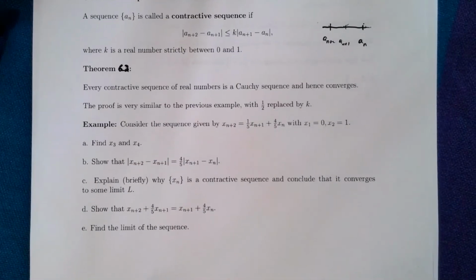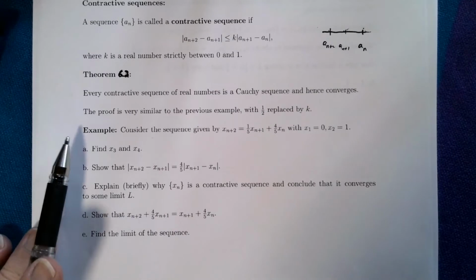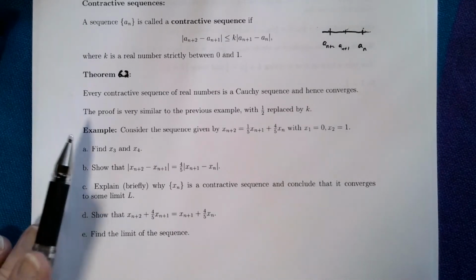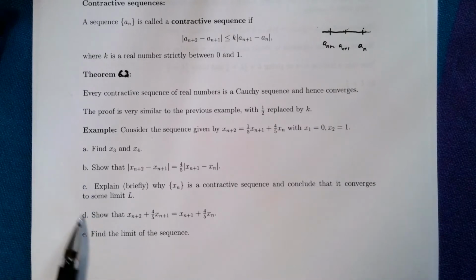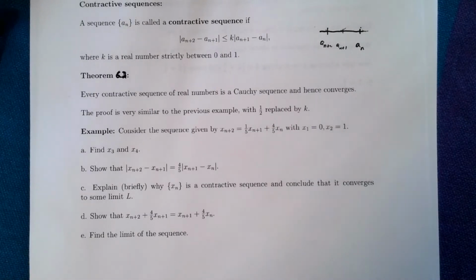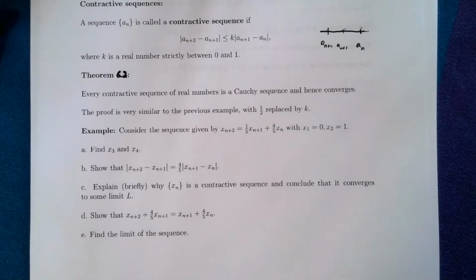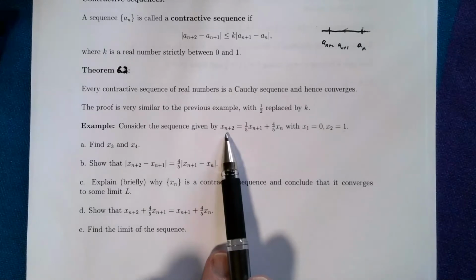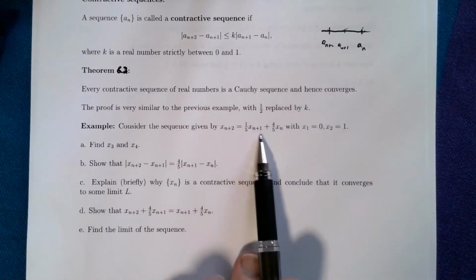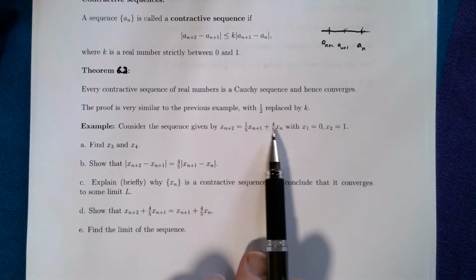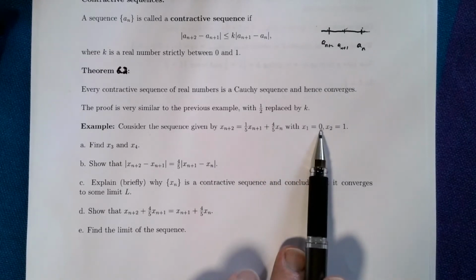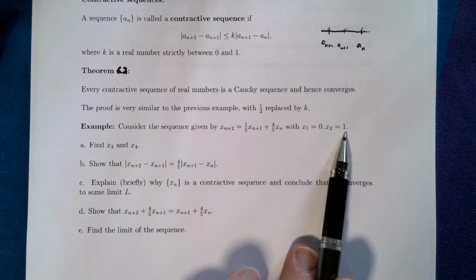Now, the next example is the sort of one that you might be asked to do. These are fairly standard examples on contractive sequences, but we take you through line by line to tell you what to do at each stage, so it's not quite as frightening perhaps as it might first appear. In this sequence, every term is 1/5 the term before it plus 4/5 the term before that, and I'm going to start off with x1 is 0, x2 is 1.